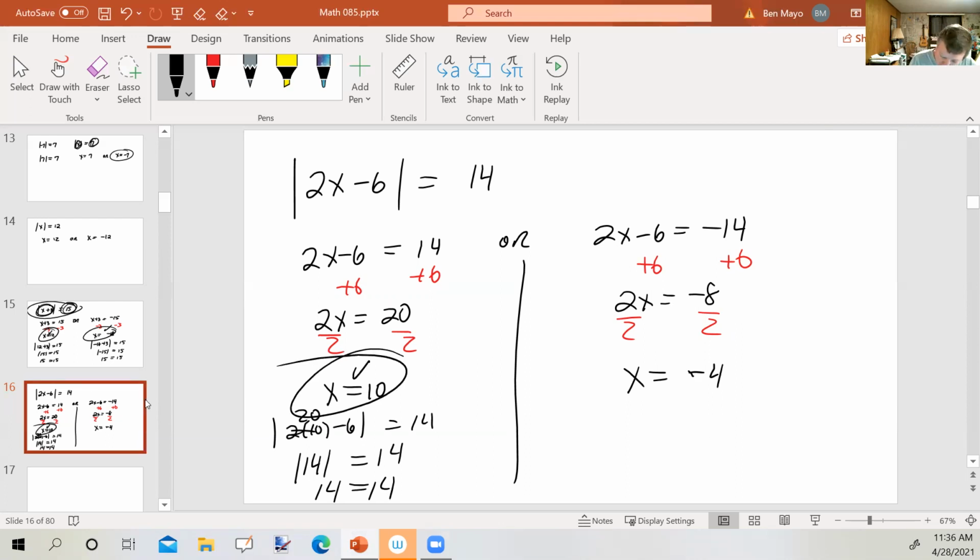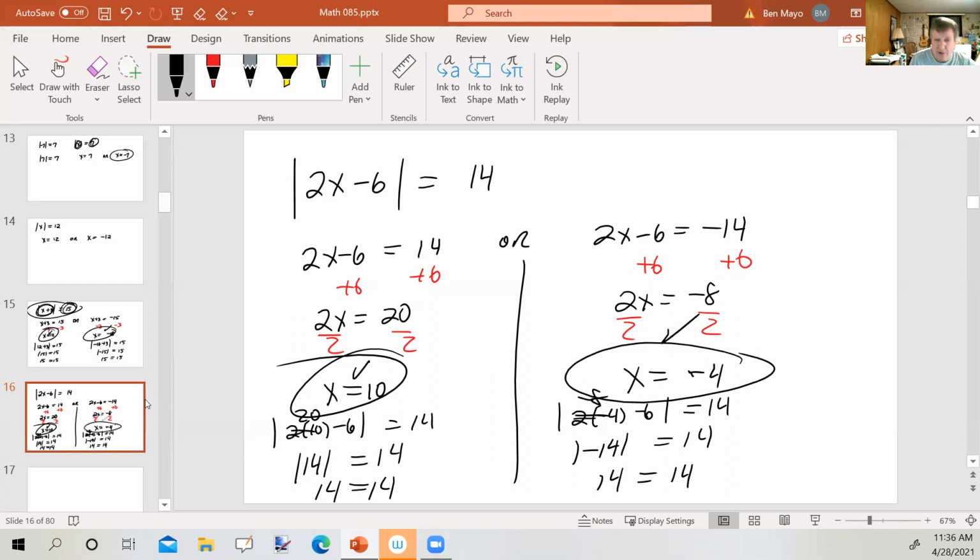If x is -4, we'd have the absolute value of 2 times -4 minus 6 equals 14. 2 times -4 is -8. -8 minus 6 is -14. The absolute value of -14 is 14. 14 equals 14, so the second solution also checks.